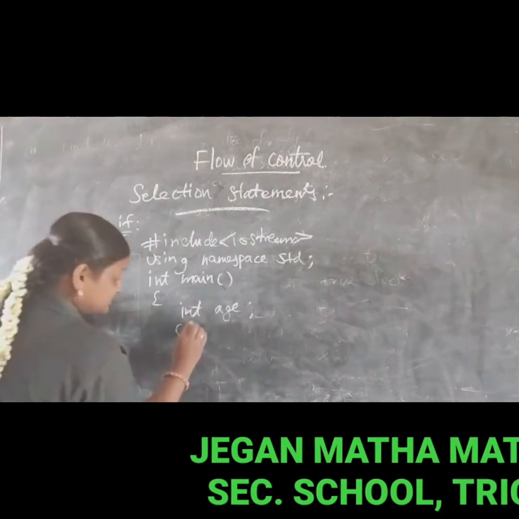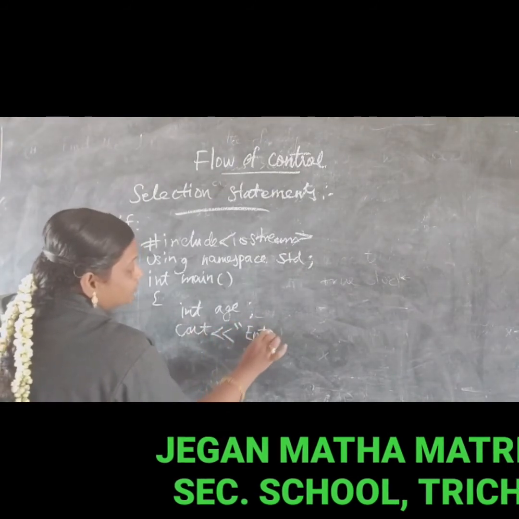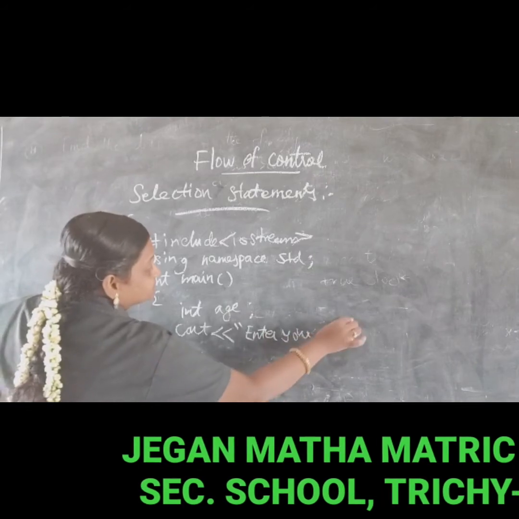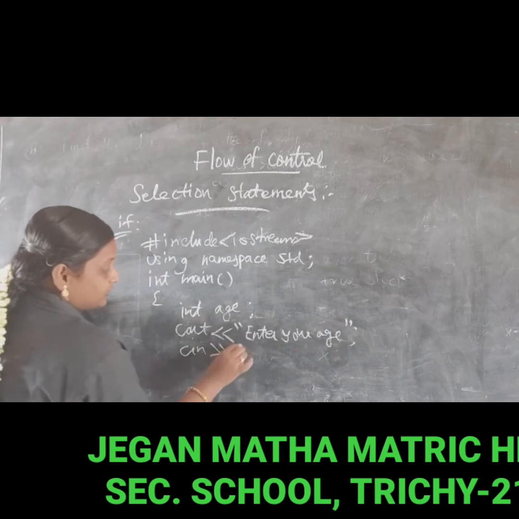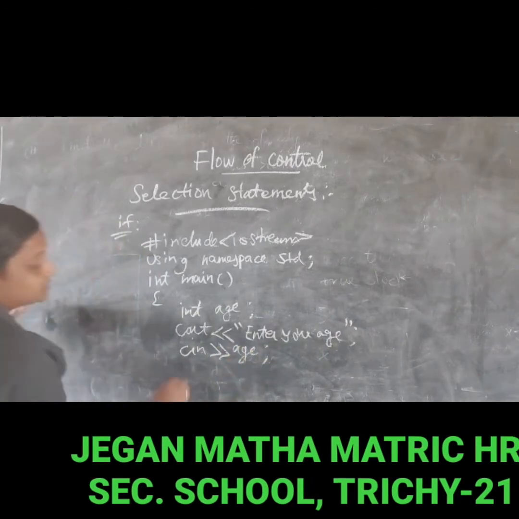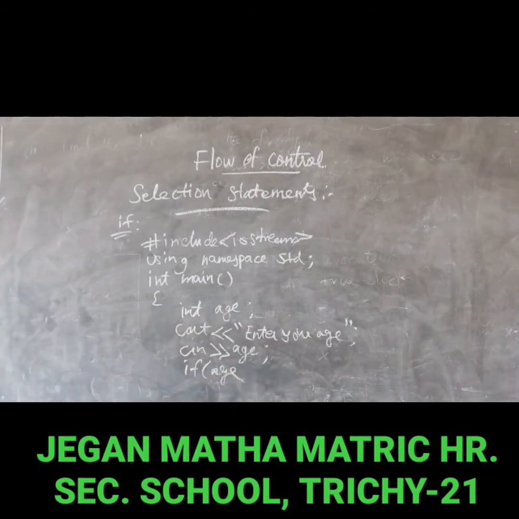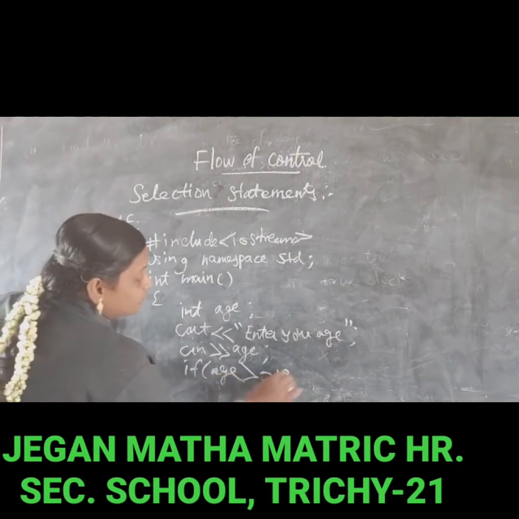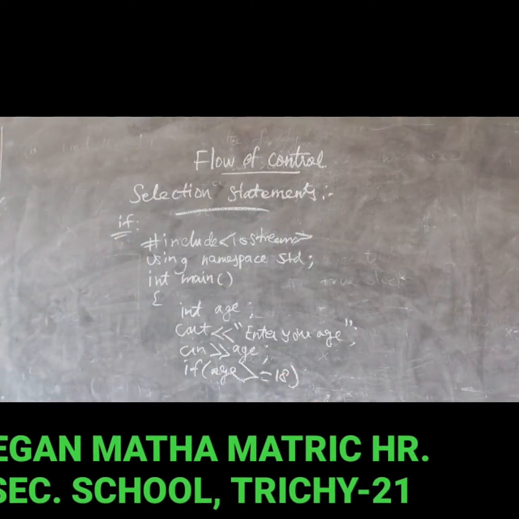Next, cout: enter your age. Next, cin, we type the age. Then the condition: if age greater than or equal to 18.